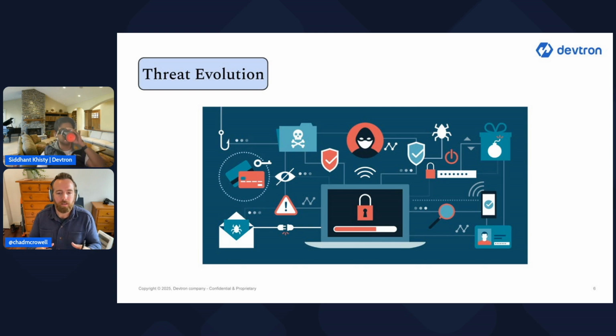monolith where maybe the front end has direct access to the back end, or the middleware is right next to the database layer, it's a lot easier to make those calls.